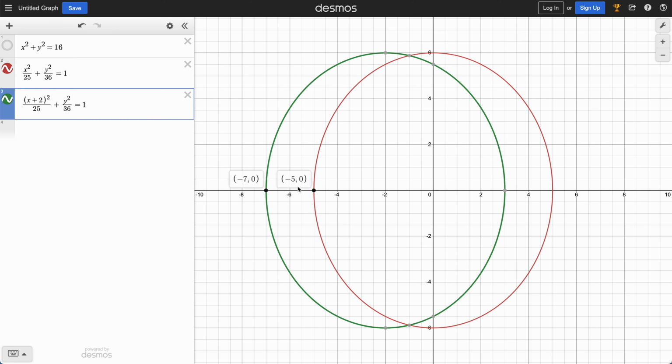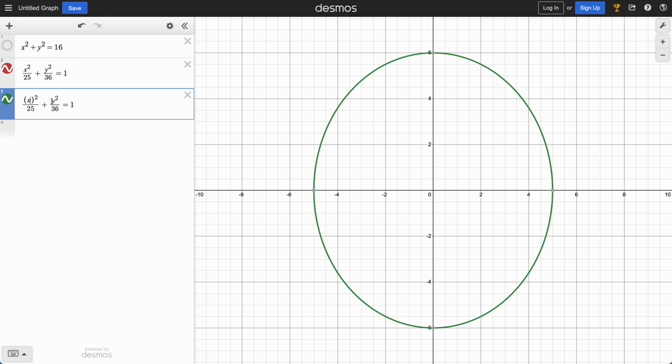If I was trying to graph this ellipse, I would ignore the 2 and draw the red ellipse myself, because I can take the square root of 25 and the square root of 36. Then I would make a second drawing where I shifted every point by 2 values. So all of these values are shifting to the left by 2.